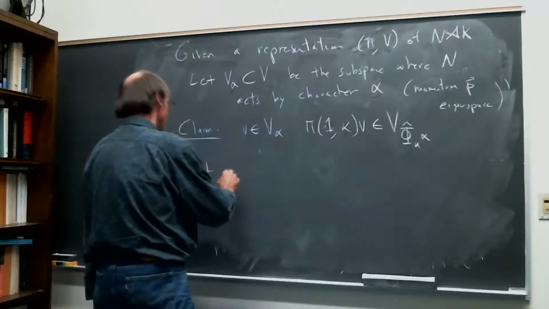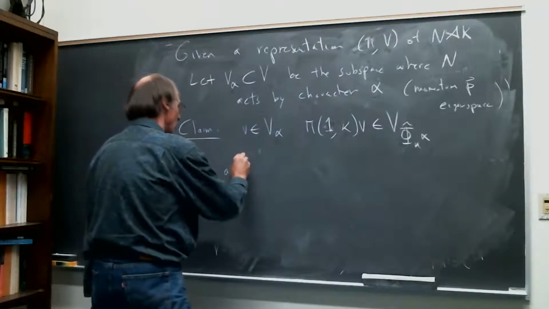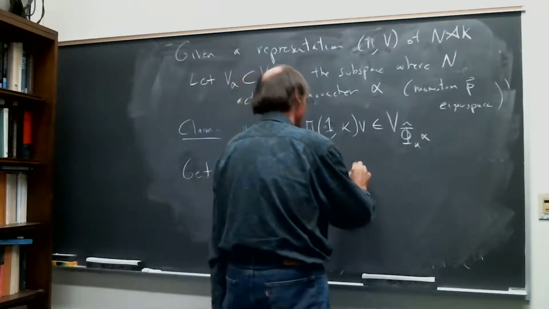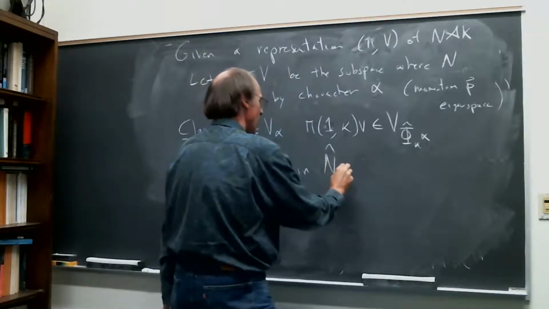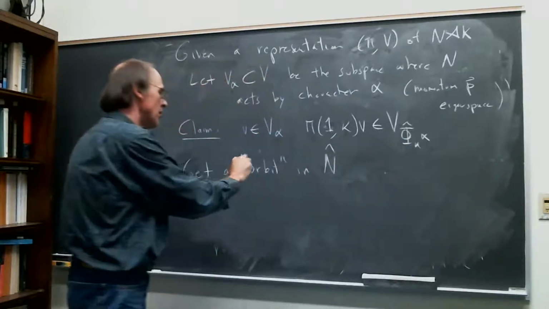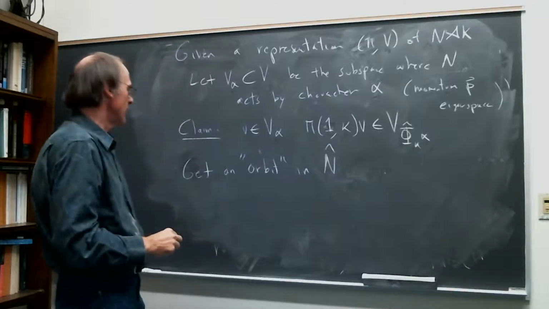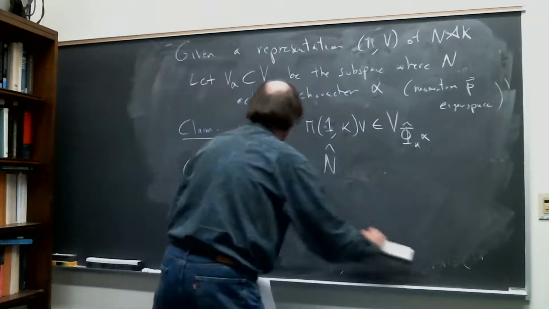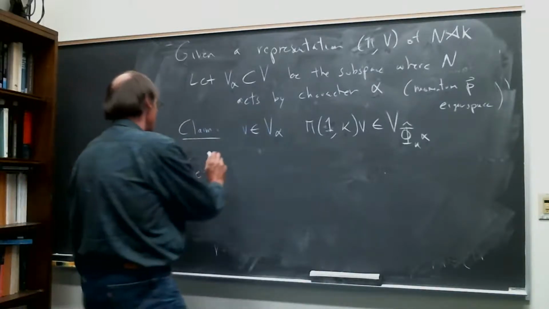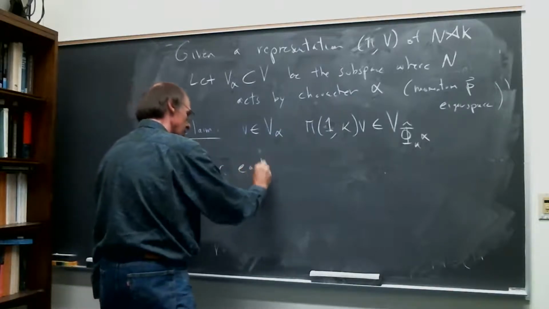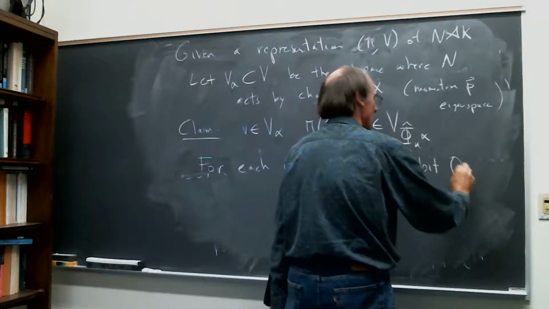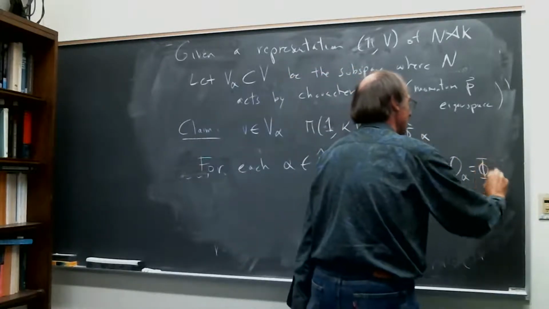So you get an orbit in n hat, where k takes you to the orbit of all the... So you get an orbit of... so given... sorry, the story starts to get a little bit complicated, but so for each alpha element of n hat, you get an orbit, what I'll call O alpha, which is all the things you get by acting on alpha.